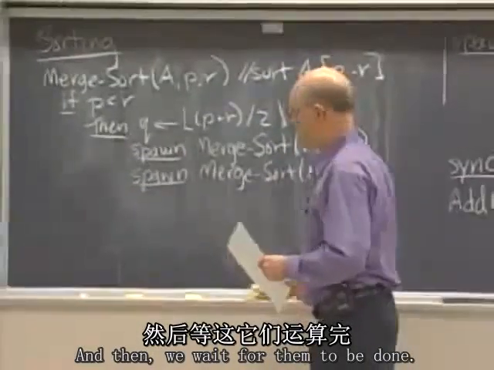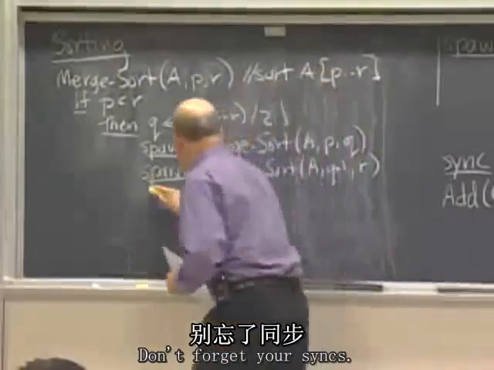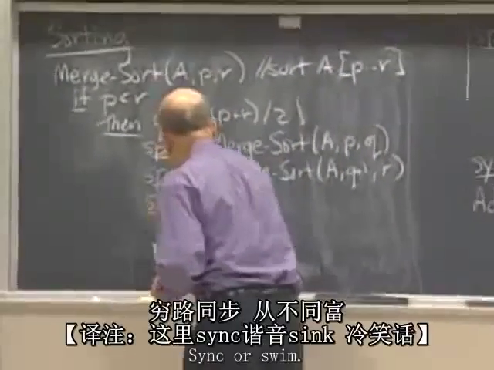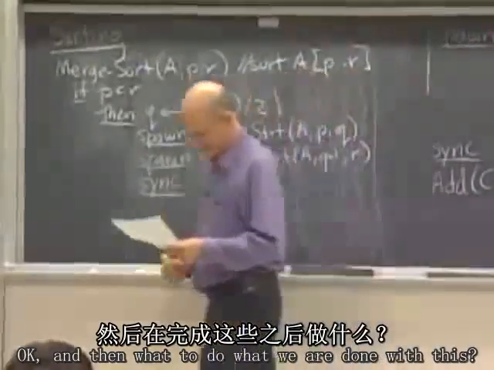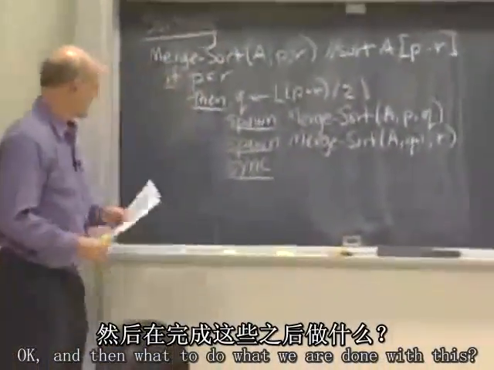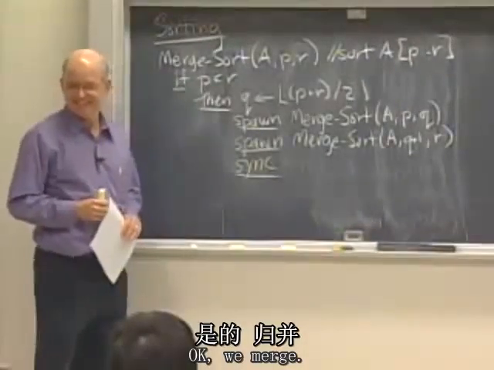And then we wait for them to be done. Sync. Don't forget your syncs. You sink or swim. And then what do we do when we're done with this? We merge.